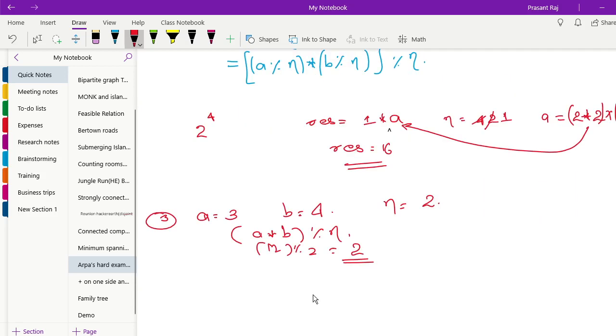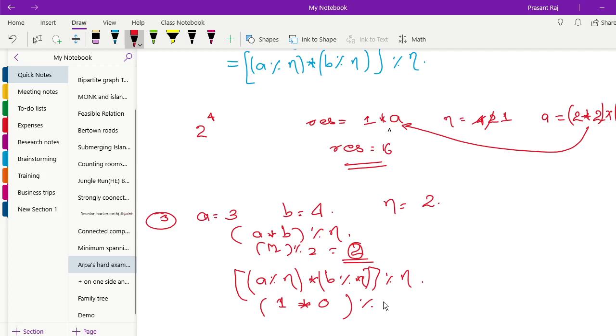Instead of doing this, you can also do (a modulo n into b modulo n) whole modulo n. 3 modulo 2 is 1, 4 modulo 2 is 0, and 1 into 0 modulo 2 is 0. So you can calculate the modulo in either way.